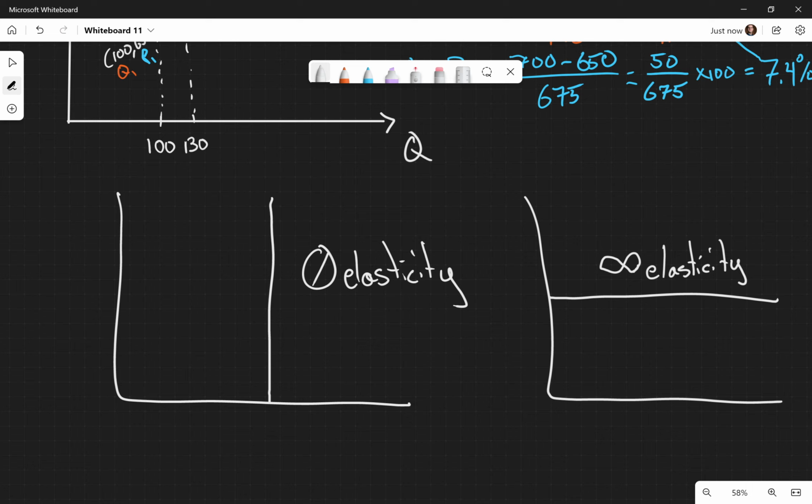Something like the crown jewels or something that's one-off? Well, infinite elasticity is actually the opposite, something that's really, really common.